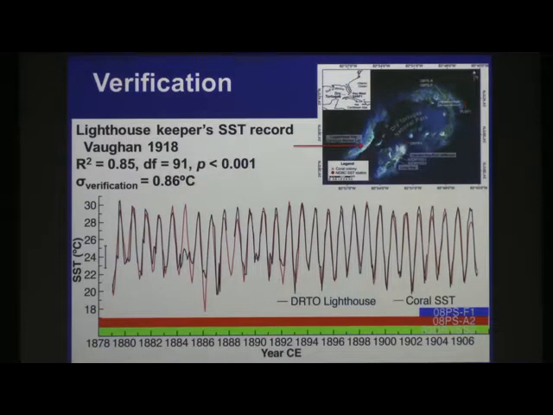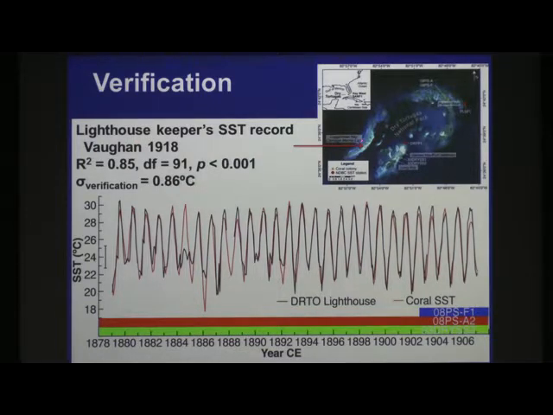Okay? So the next thing we want to do is to verify our calibration for another time interval. This is something that when I plotted this up the first time, I did a little dance in my office. So hopefully you guys will think this is as exciting as I do. This is from the Carnegie Marine Lab.